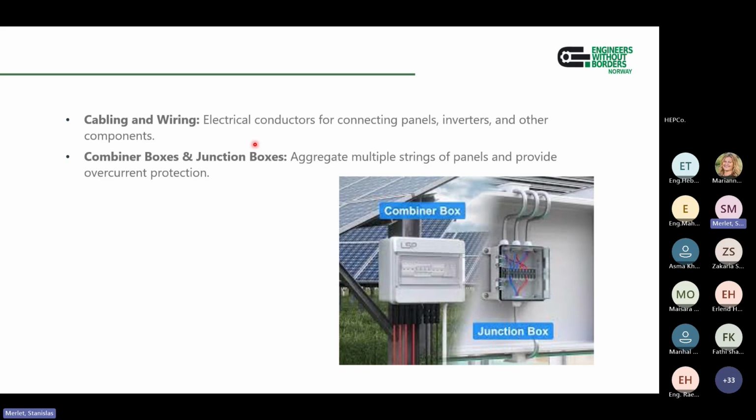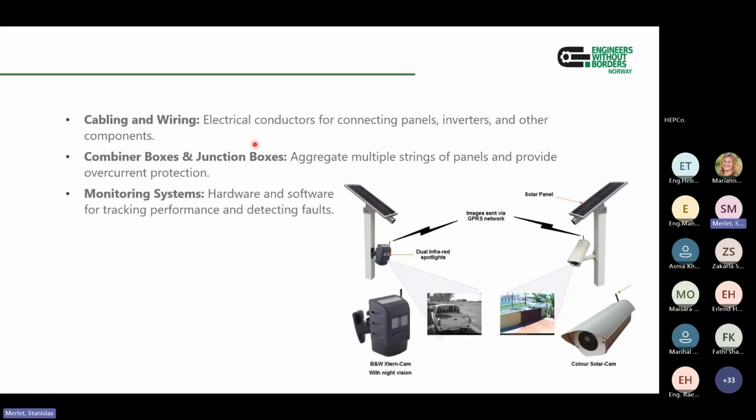Junction boxes and combiner boxes are also included in the BOS, and that includes overcurrent protection and other kinds of electrical protection. And the monitoring system, as mentioned, is also included in the BOS, both hardware and software.